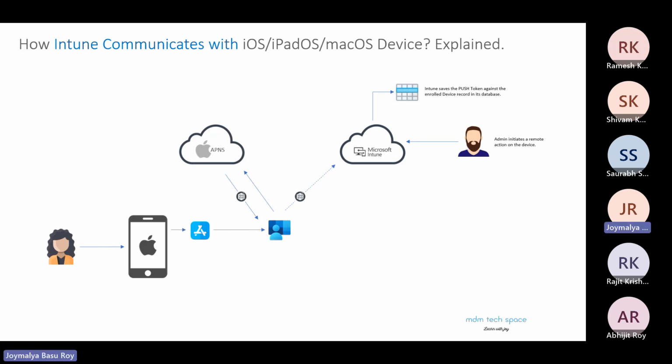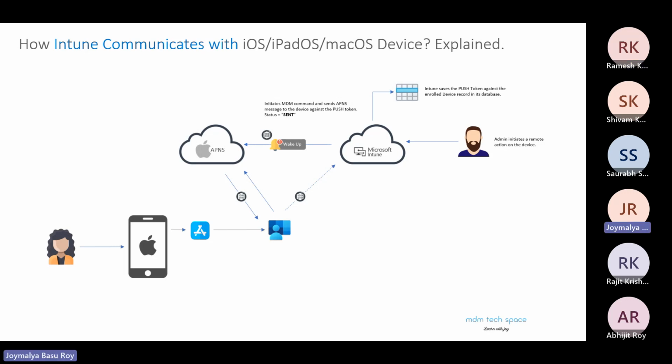How will Intune send the remote action to the device, or notify the device that some changes were made and it needs to get the new configuration? Using the push notification token that was registered against the device record in the Intune database, Intune will create a push notification to Apple push notification services.